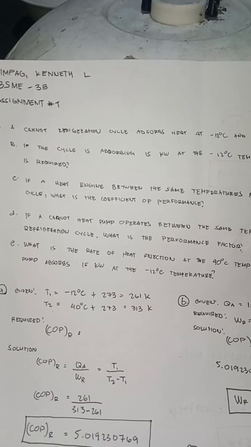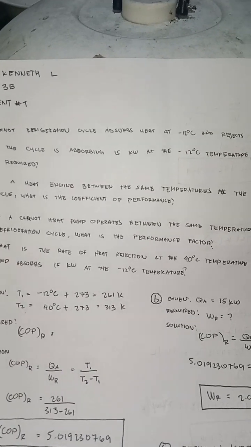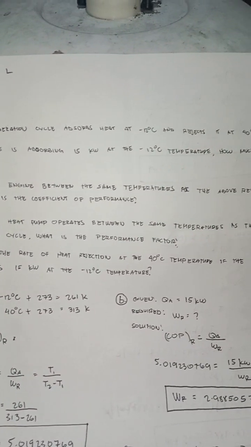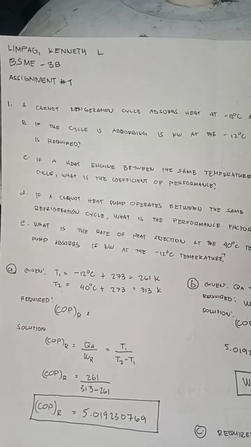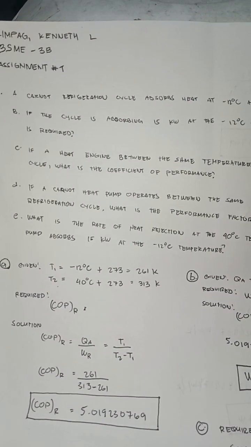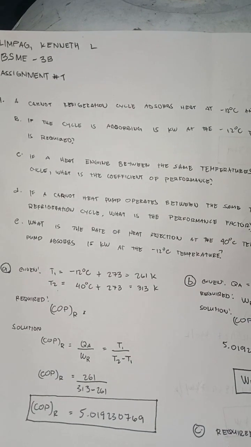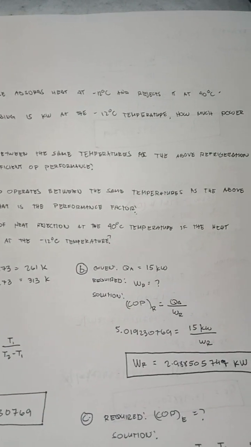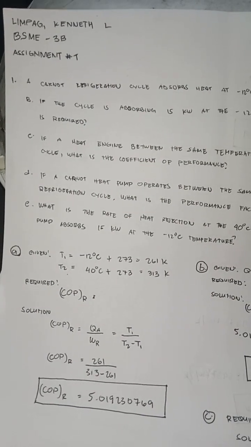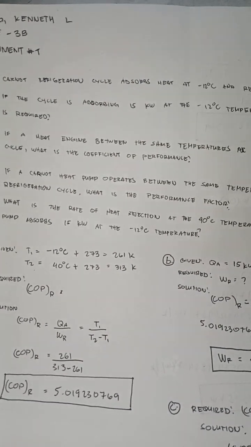B. If the cycle is absorbing 15 kilowatts at the negative 12 degrees Celsius temperature, how much power is required? C. If a heat engine operates between the same temperatures as the above refrigeration cycle, what is the coefficient of performance?